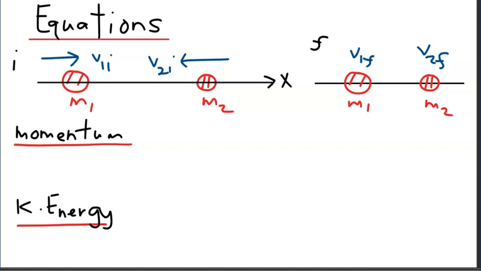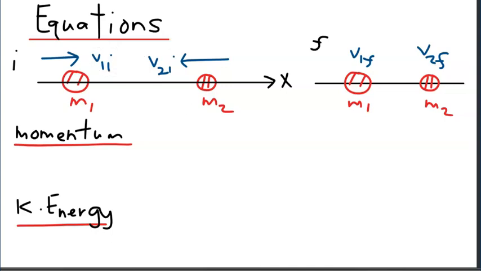So in the diagram shown, you have two masses, mass 1 and mass 2, that are initially moving towards each other. Mass 1 has a velocity of v1i, where the subscript i refers to the initial state. Likewise, mass 2 is moving to the left with an initial velocity of v2i.